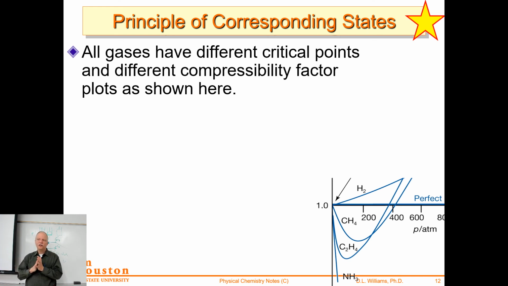So we've measured the different gases and we measured their critical constants. What if we took the pressure that gas is at and divide it by its critical pressure, and the temperature divided by its critical temperature, and the volume divided by its critical volume?